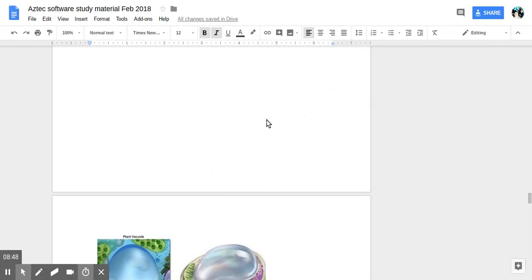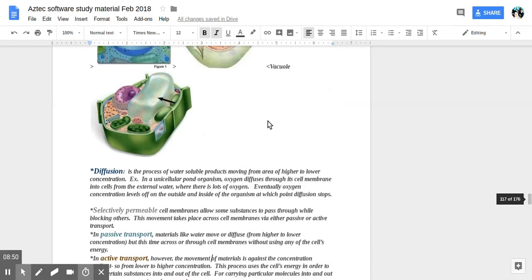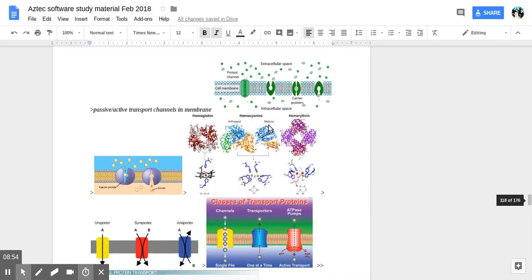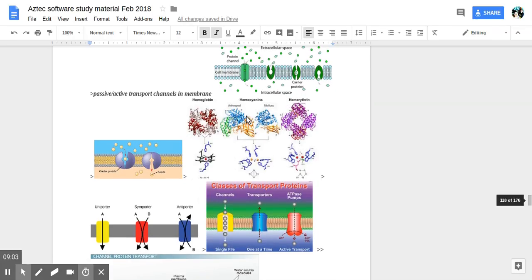If it's going from higher concentration to lower, it's called passive. It doesn't use up any of the cell's energy. If it's going from a lower to higher concentration, it's called active transport, and it does use energy.